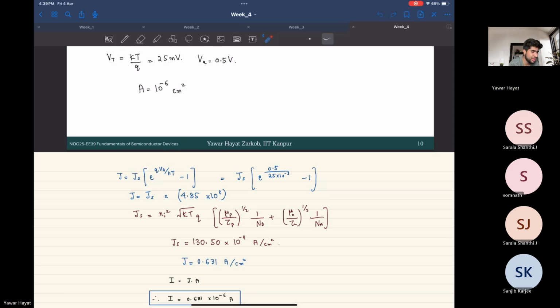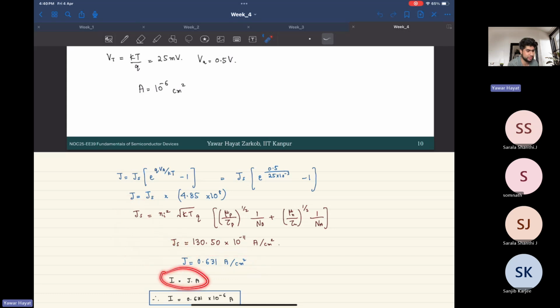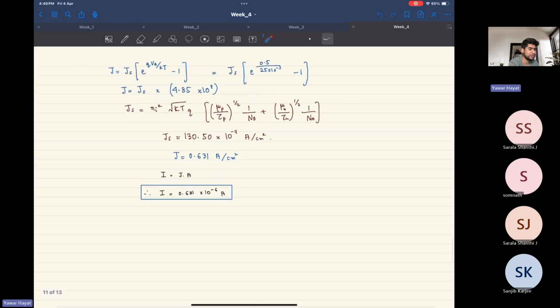Then I is simply multiplying this by area. Area was 10 to the power minus 6. So if you multiply this, you get I of 0.631 microamps. Fine.